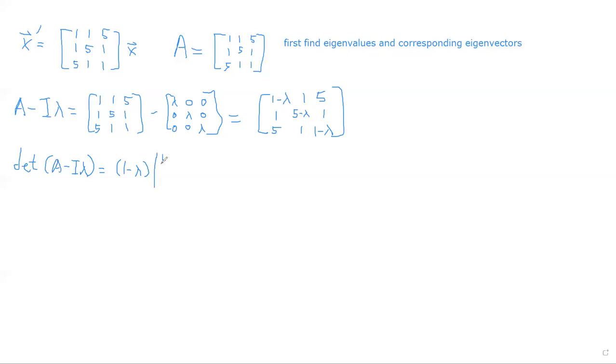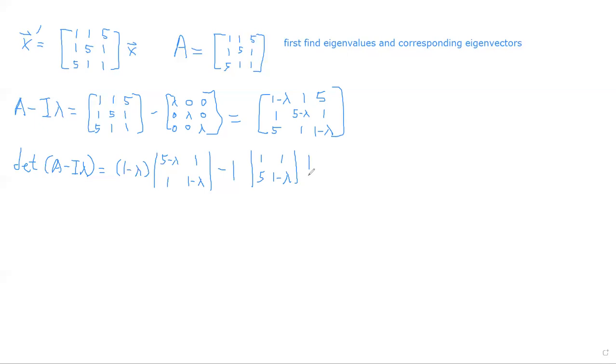So 5 minus lambda, 1, 1, 1 minus lambda. Minus, so it's like positive this, negative this, positive this. So minus 1 times the determinant of 1, 1, 5, 1 minus lambda.